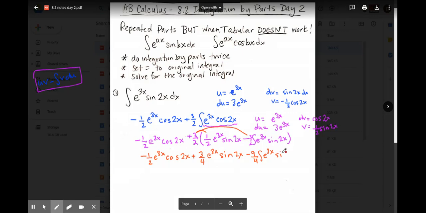sine 2x. And then what we're going to do is we did integration by parts twice. Now we're going to set it equal to the original integral. Here's the original integral. So we're going to set it equal to the integral of e to the 3x sine 2x dx. All right, now, just like I said earlier, and just like we did in Algebra 1, what are we solving for?